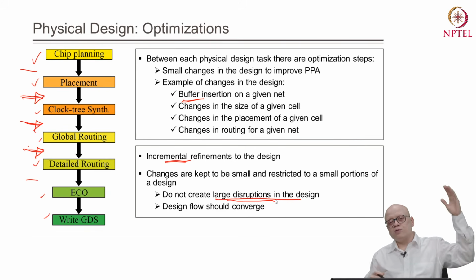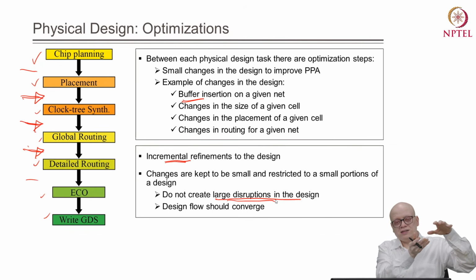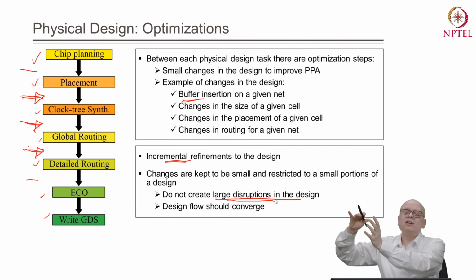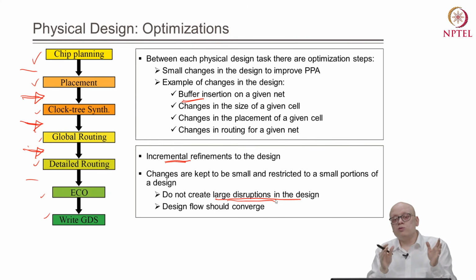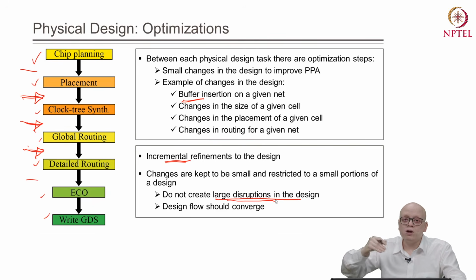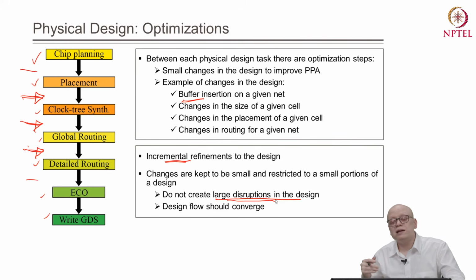Maybe we are improving PPA measures for one portion of our design, while in the other portion of our design the PPA has gotten bad, right? So it may be that the improvement that we introduce creates a very large disruption in the design, and if we keep on making large changes, we may not finally be able to converge to a solution, right?